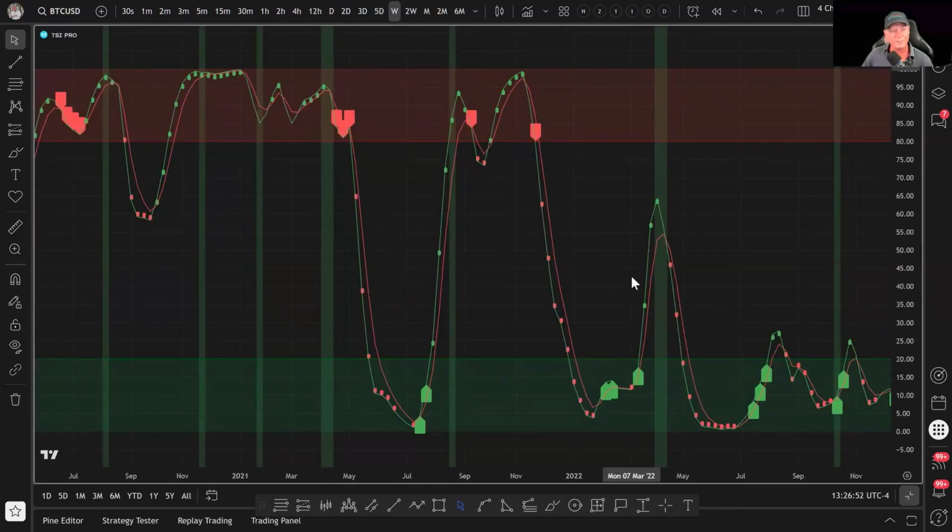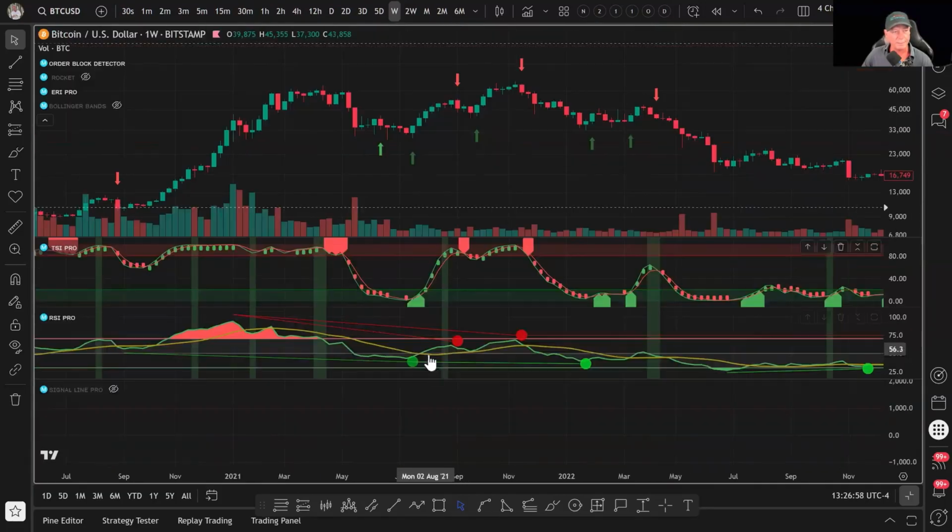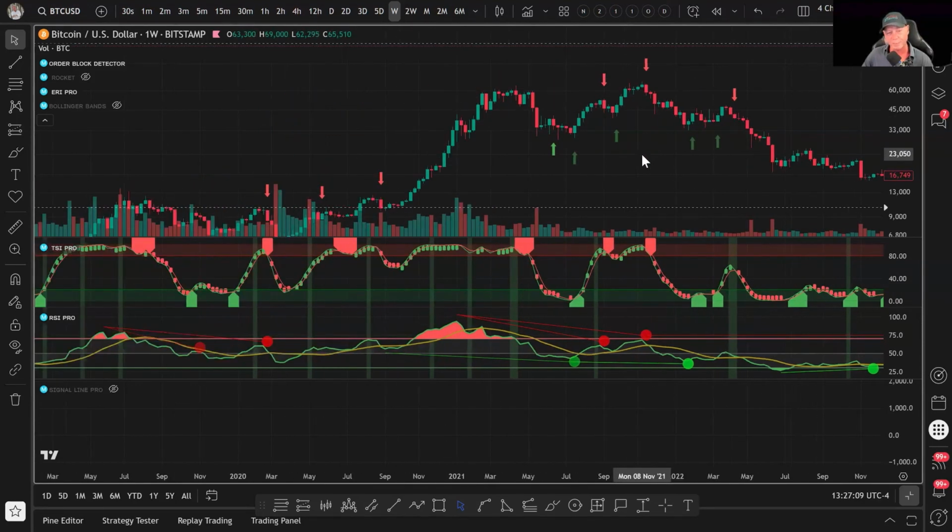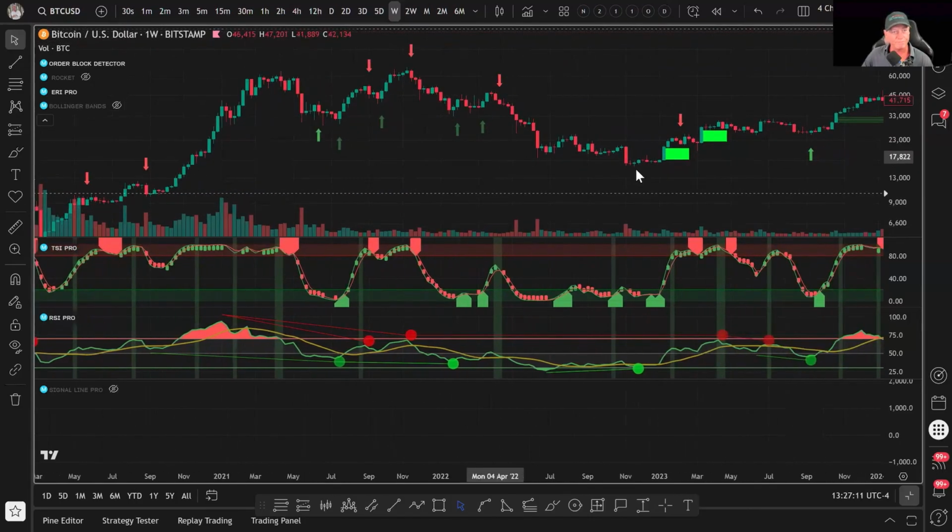The other confluence is this green, turning green above 20, right in here, and in here. But these things do roll over. I look for the inflection points at extremes for the most part, but let's keep going.